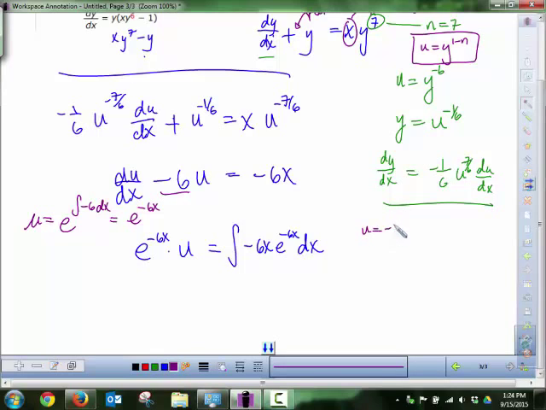U is negative 6x, dv is e to the negative 6x dx, du is equal to negative 6 dx, and v is equal to negative 1/6 e to the negative 6x.